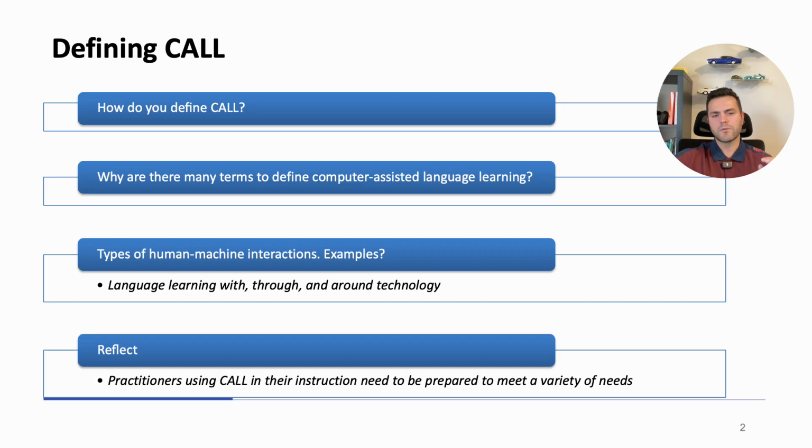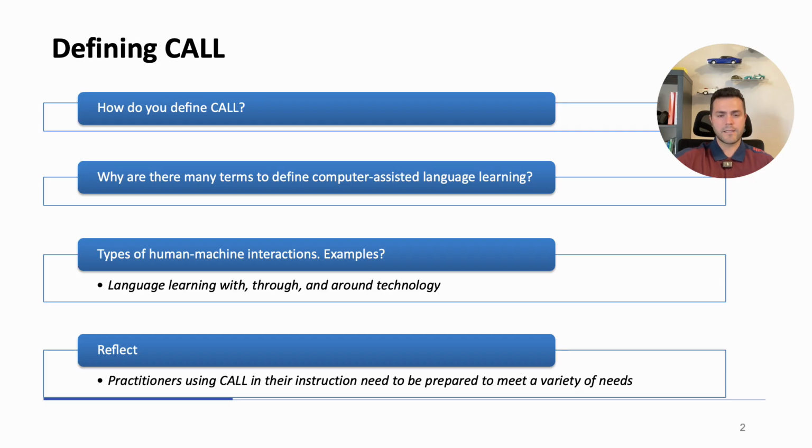One way to frame CAL is by looking at how learners interact with technology. In this sense, Egbert and Shahrokni 2018 introduced a nice, very effective framework. They say learning occurs with technology, meaning that tech can be the tutor, or learning can occur through technology, which means tech can be the tool.